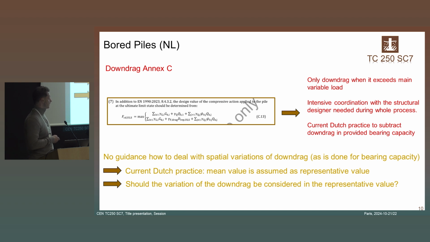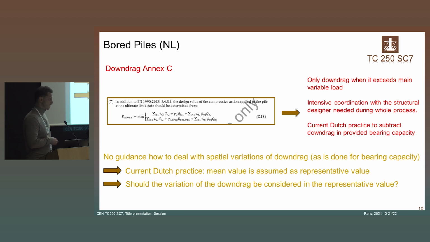In the current Dutch practice, normally the downdrag is already subtracted from the bearing capacity in the geotechnical report. That would maybe be a more conservative way of working, but it makes it easier to have a separate role for the structural engineer and for the geotechnical engineer. But there is room to optimize your design.